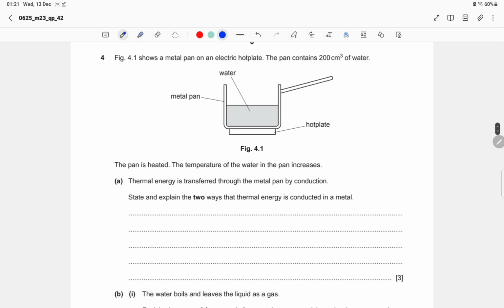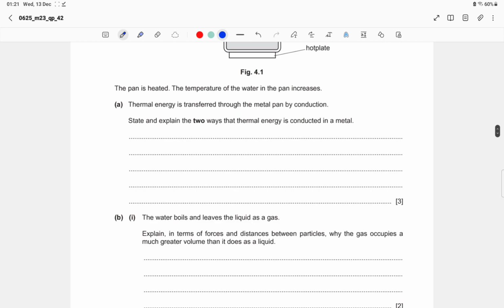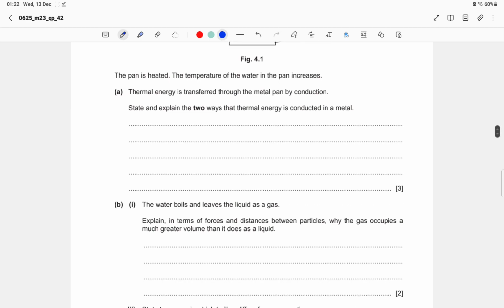The figure shows a metal pan on an electric hot plate. The pan contains 200 cm cubed of water. The pan is heated. The temperature of the water in the pan increases. Thermal energy is transferred through the metal pan by conduction. State and explain two ways that thermal energy is conducted in a metal. So obviously there are free electrons in metals, and you can also call them delocalized electrons.